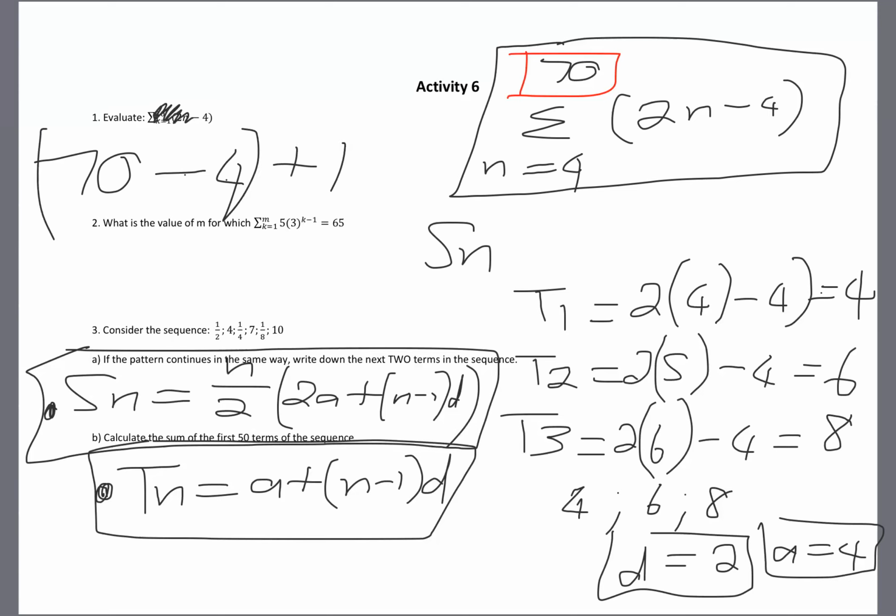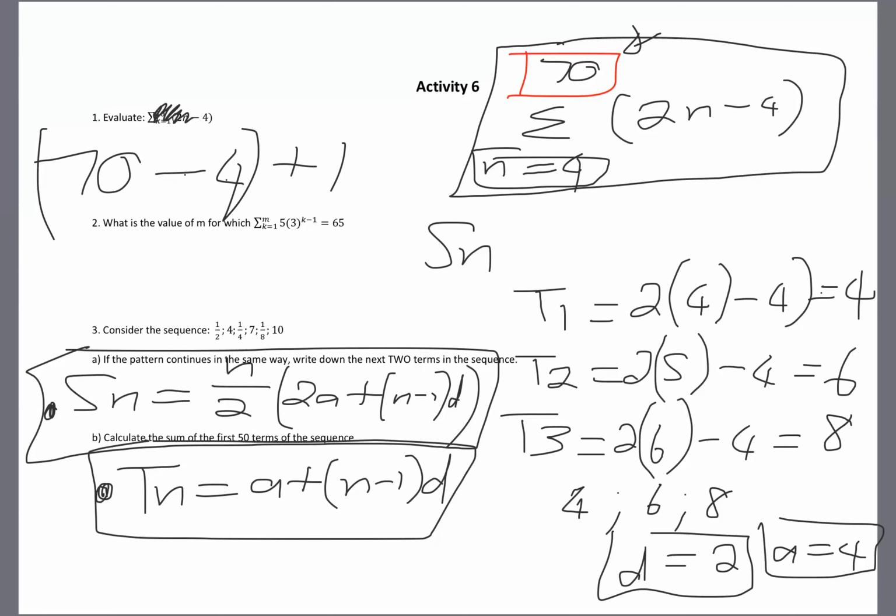Because remember that our n here wasn't 1. If we started our n with 1, then I was just going to put my 70 as is, as my last term. But because we started at n equal to 4, I have to compensate for the 3 that we skipped.